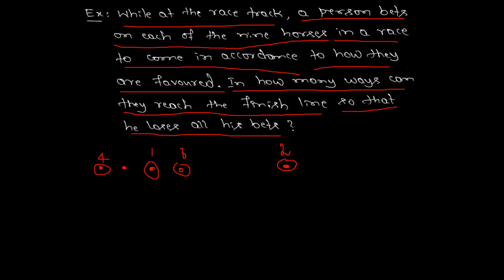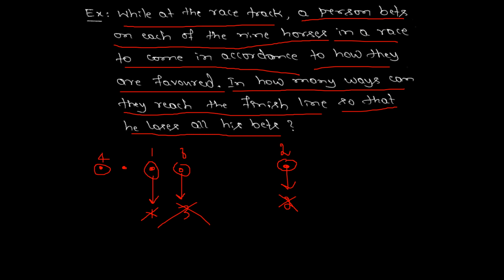That means this horse is not going to come in the first position, and this horse is not going to come in the third place. This horse is not going to come in the second place. That means we need to find the set of all derangements. In how many ways does he lose all his bets? That is the question here.